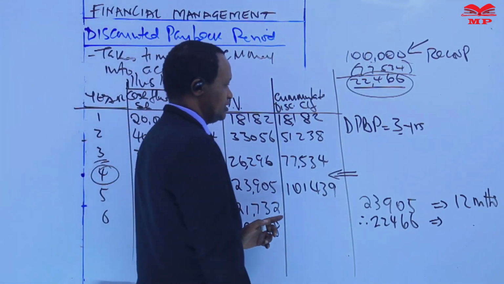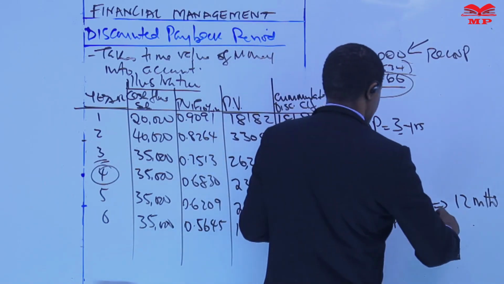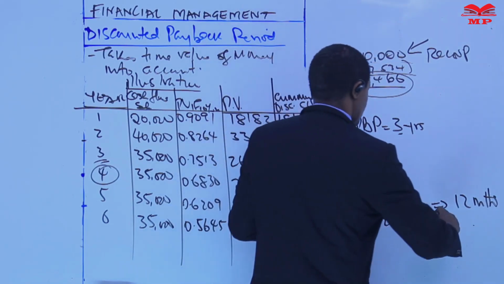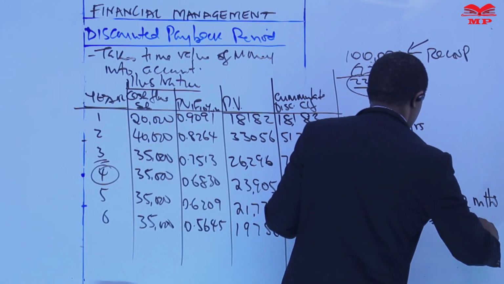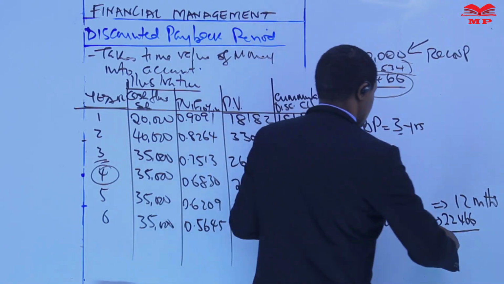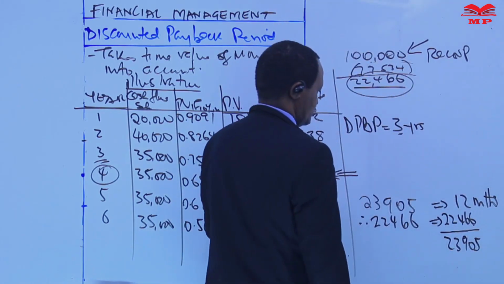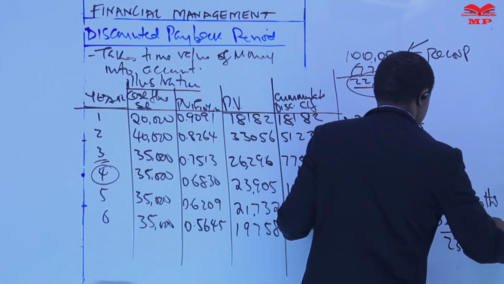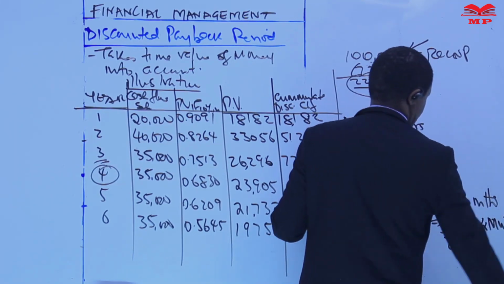So we get the months by dividing 22,466 by 23,905 and multiplying by 12 months.